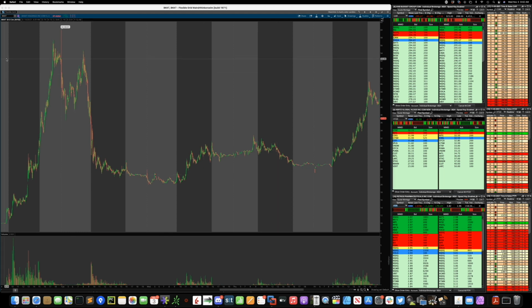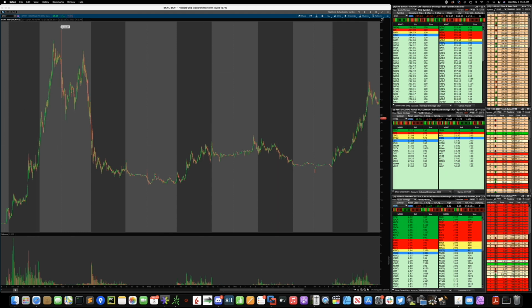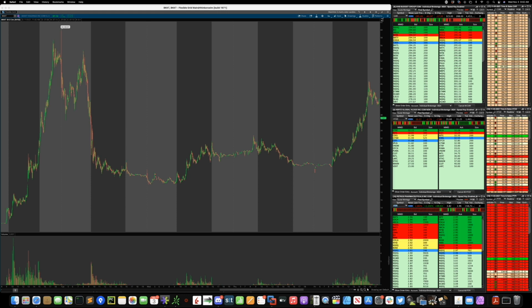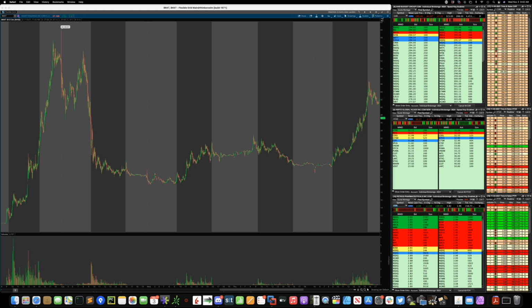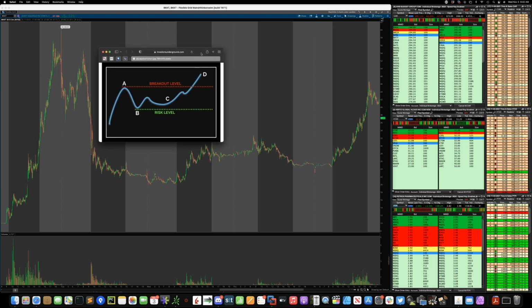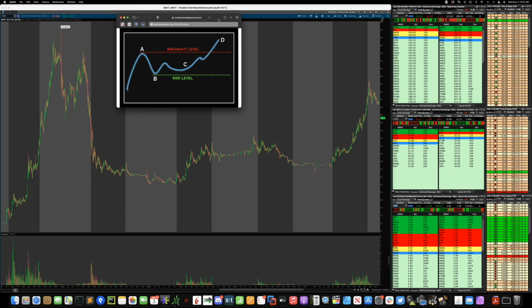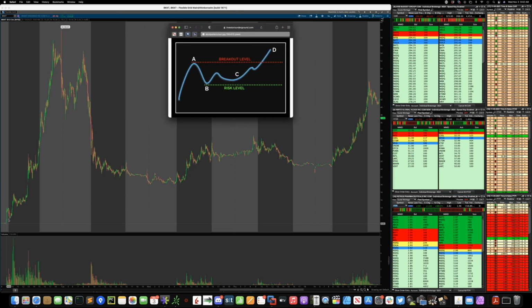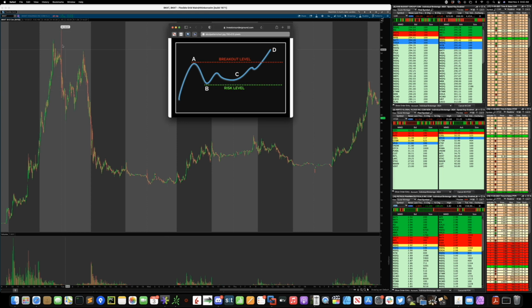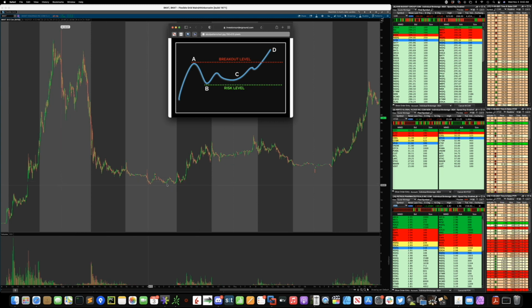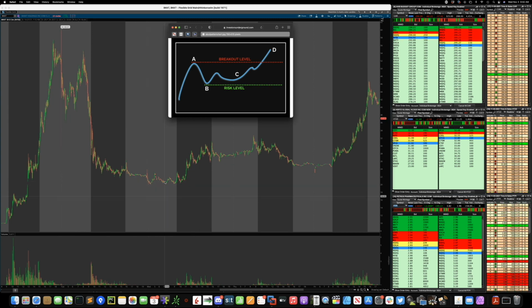And you can see that's what happened on BKKT here. I'll make that image a bit smaller so we can see them both. So the same thing: we had the big move up, that's this move up to A. Then we pulled back and set a low, this is the low here, that's B right there.